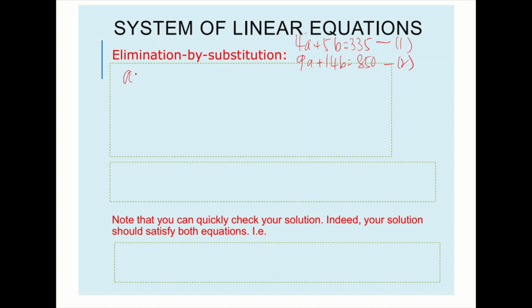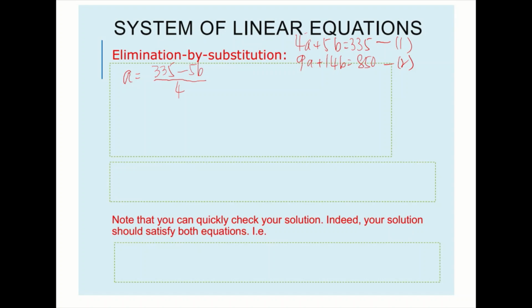The A will be, now I'm going to bring the 5B to the right hand side. So it will be 335 minus 5B equals 4A. If I bring the 5B over, 335 minus 5B equals 4A. Then we bring the 4 to the other side, and it will be divided by 4.